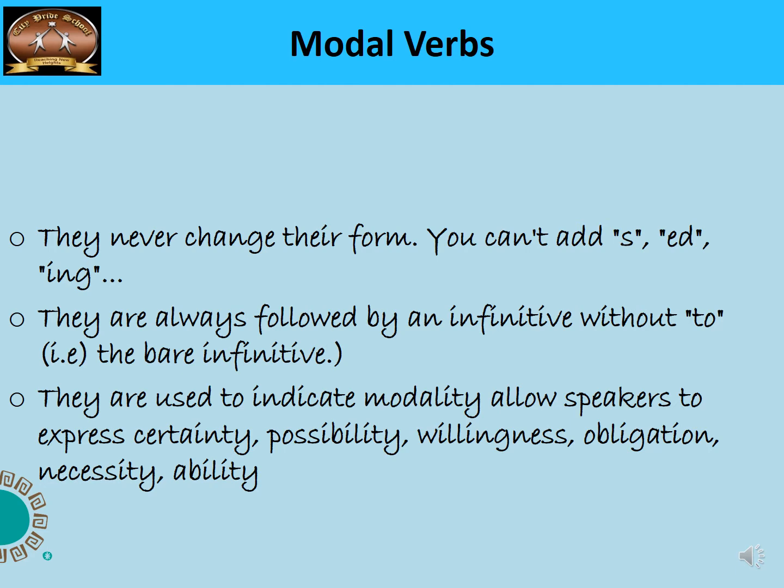So negative modal verbs are often contracted, although might not and may not are usually written fully without contractions. For will and shall, the spelling changes in the negative: will, won't; shall, shan't.